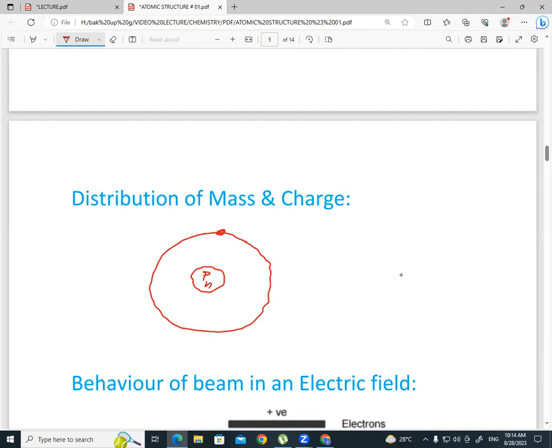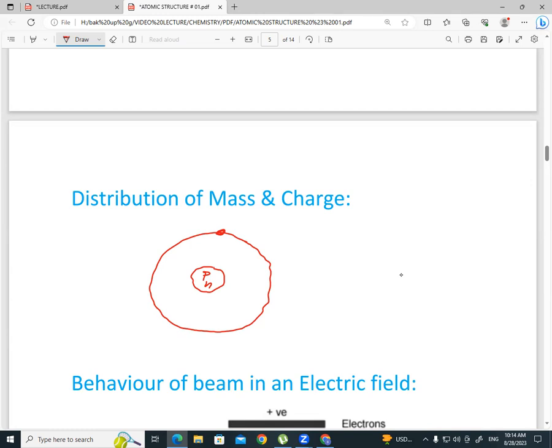When we talk about charges, the proton is found in the nucleus and has a positive charge, so positive charge resides in the nucleus. It is also called nuclear charge because of the presence of protons.